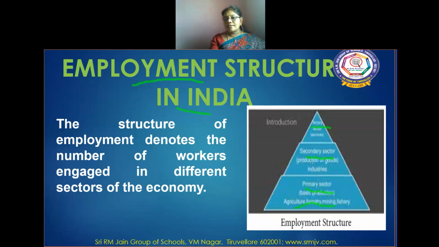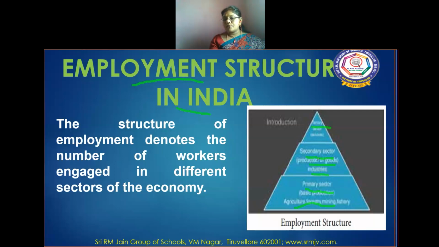Now secondary sector, that is production of goods, that is industries. So secondary sectors utilize the raw materials produced by the primary sector. Agro-based industries and other industries are examples of the secondary sector. And third one, tertiary sector, it is the service sector.